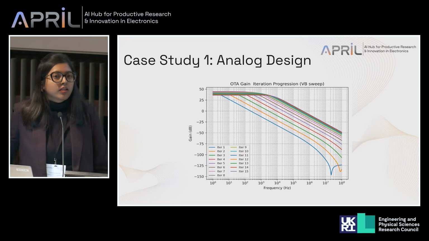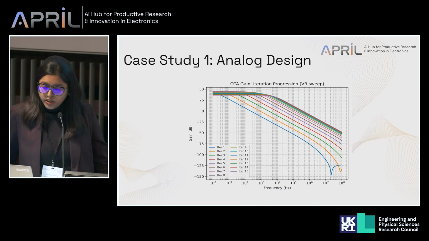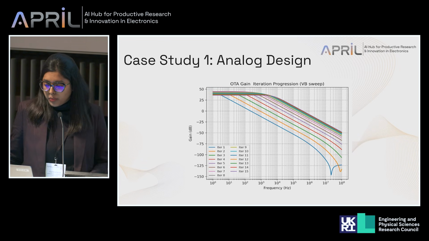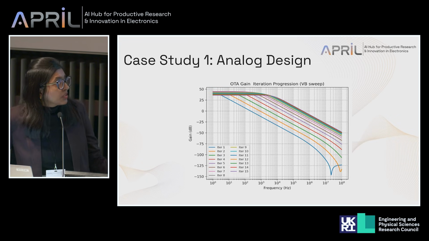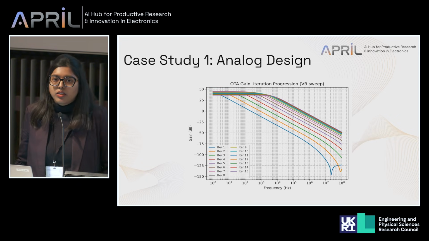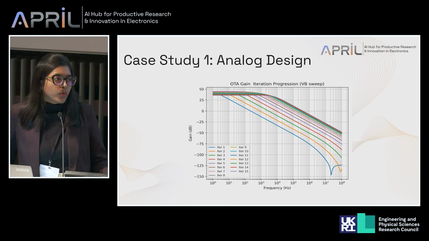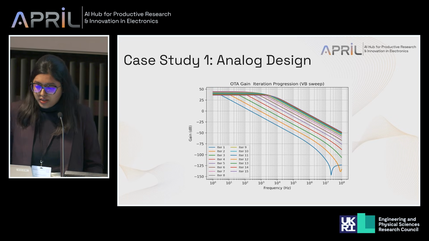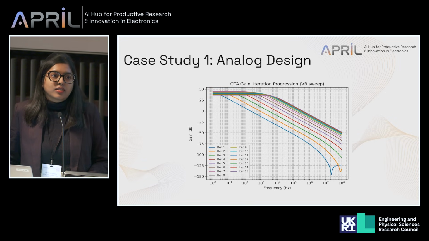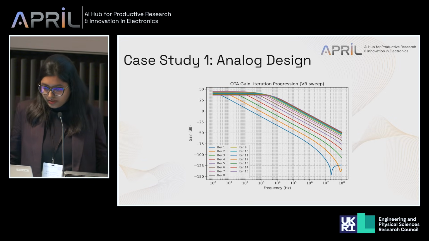Here, we have run 15 iterations. You can see in the initial iterations, the gain is not converging to 40 dB, but later it converges to 40 dB. So why 15 iterations? It's to check how robust our model is, and it shows it's not just a lucky hit, the model is converging well.